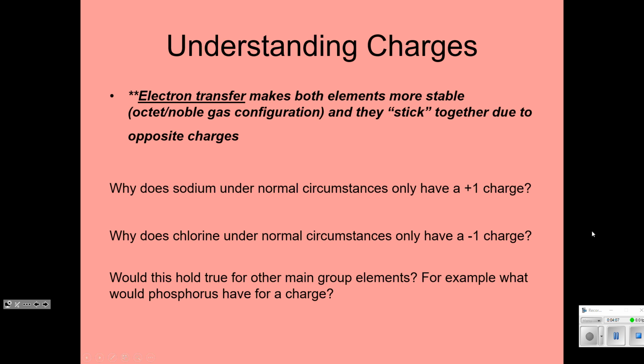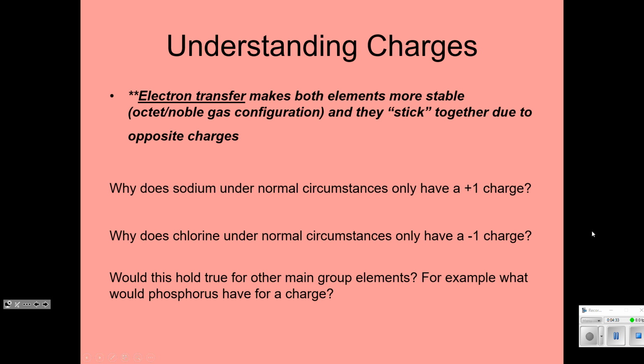Second question, why does chlorine only have a -1 charge? Well, again, chlorine is 1 step away from being like a noble gas with a full outer shell. So any of these halogens on here, if they gain 1 electron, they now have a full outer shell. This octet rule is a rule of stability.